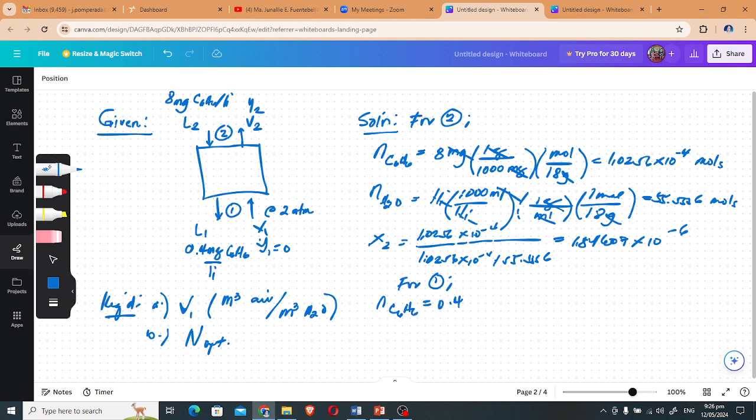We'll not anymore write the units, we'll just follow the conversion here. So 0.4 divided by 1000 and then divided by 18. This will give us the moles of benzene, which is 5.1282 times 10 raised to negative 6.